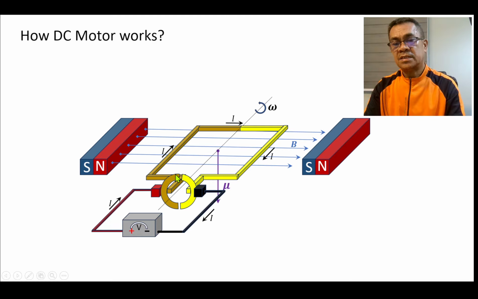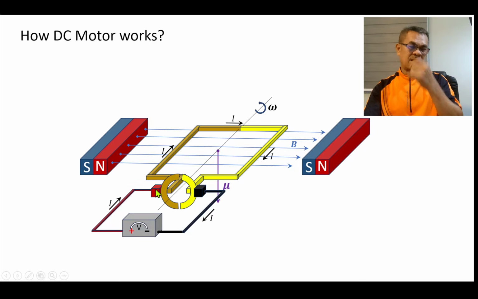It signifies that the semicircle on the left side, which is gold, is connected to the positive. Here we have two brushes, a brush from the positive and a brush from the negative. I use a color code again to guide us on the direction.